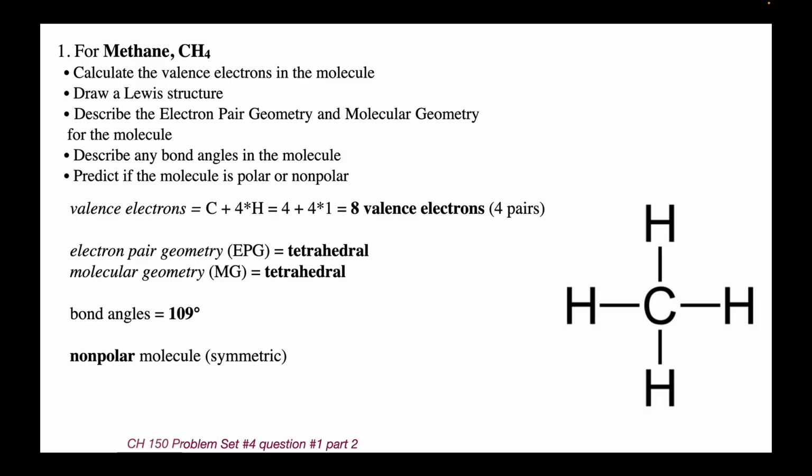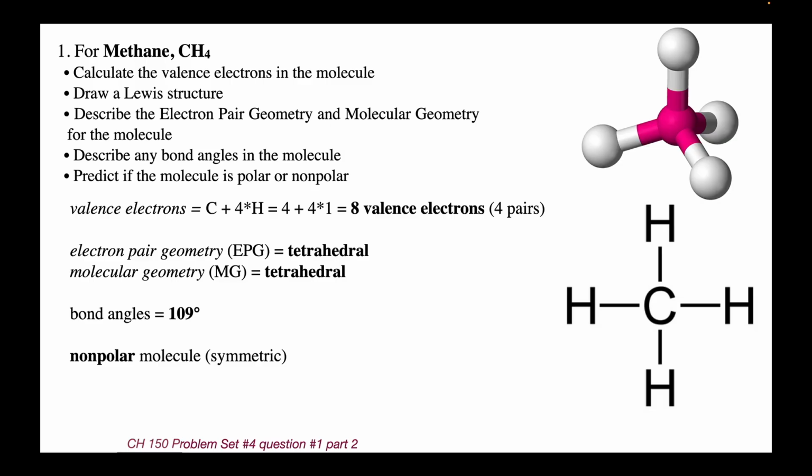Bonding pairs connect the hydrogen to the carbon, 8 valence electrons total. Electron pair geometry, when you have 4 pieces around the central atom, is going to be tetrahedral. No lone pairs, so the molecular geometry is also tetrahedral. Bond angles 109. It's a non-polar molecule. It's all symmetric and stuff like that. There's only that around it, so you're good to go.